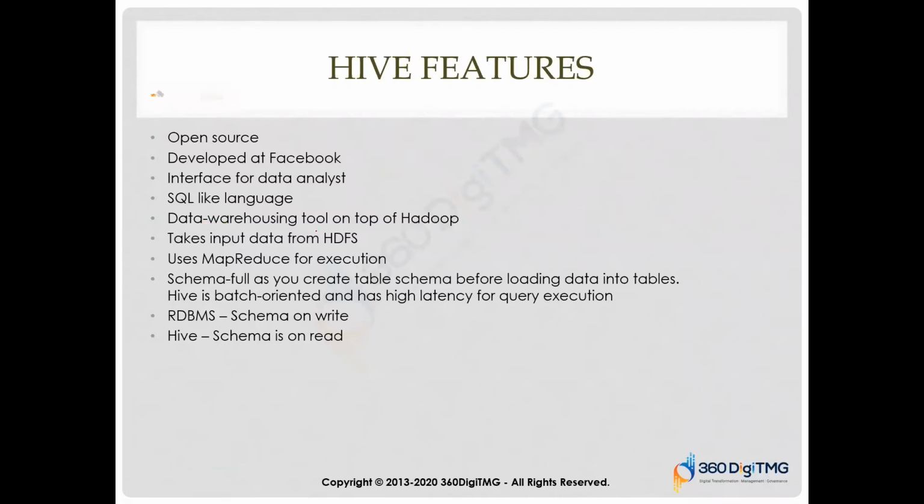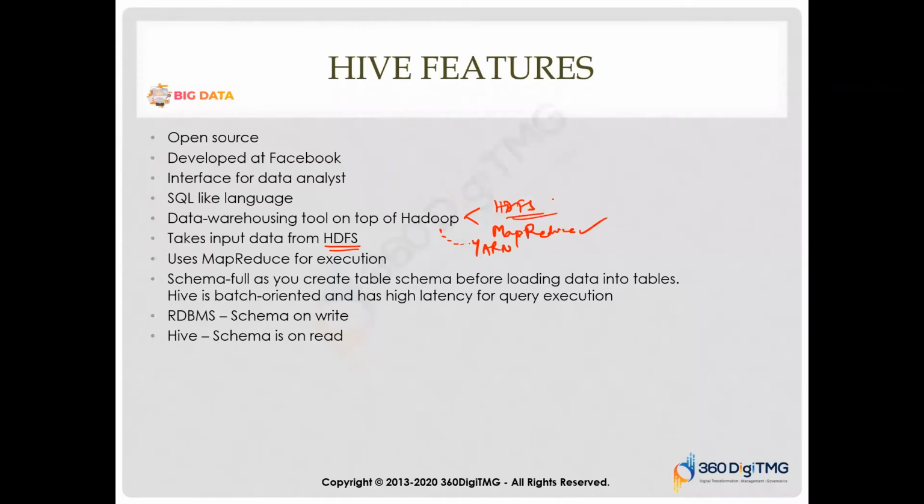So it takes data from HDFS. The data is already there on the big data system. Remember I told you Hadoop is split into two parts. HDFS is one part and there's another component called MapReduce. Of course there is a third component called Yarn, but we're not talking about it. MapReduce is for processing.